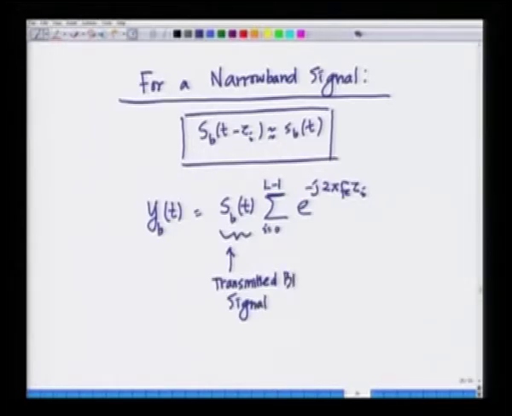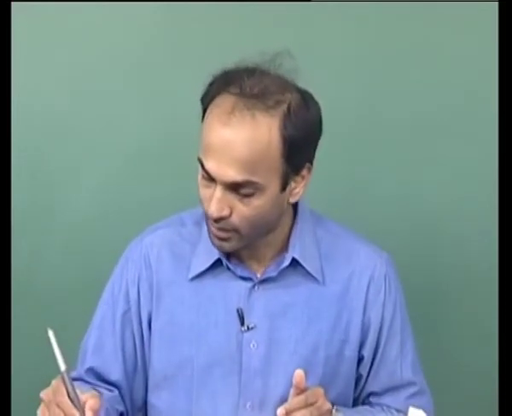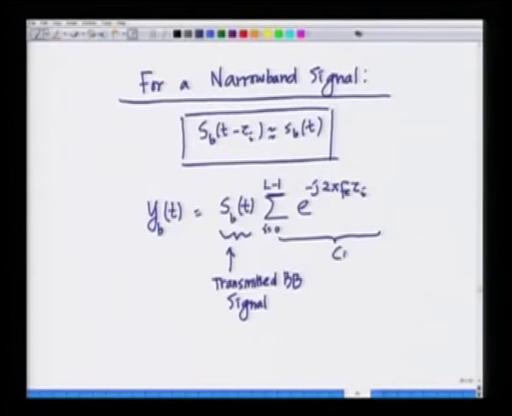This is the transmitted baseband signal multiplied by a phase factor, that is, the input s B of t is scaled by a complex factor, and that is the complex received signal.